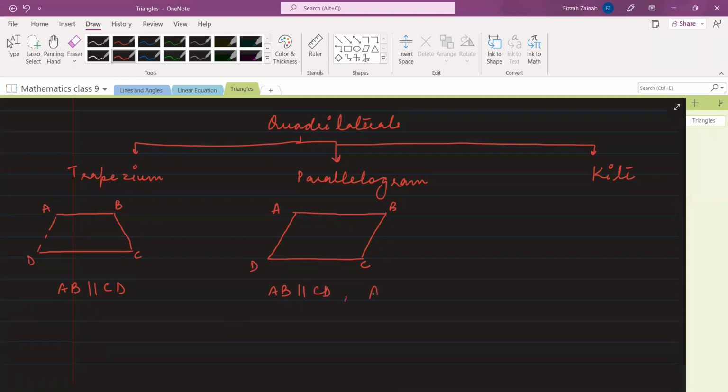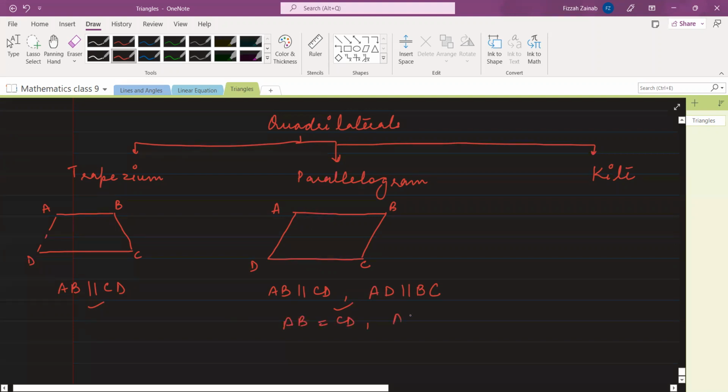And the other AD is also parallel to BC. So as you can see, one additional thing is there if you compare, right? So both pair of opposite sides are parallel to each other and obviously they are equal. When they are parallel, they have to be equal, isn't it? So also AB is equal to CD and AD is equal to BC.